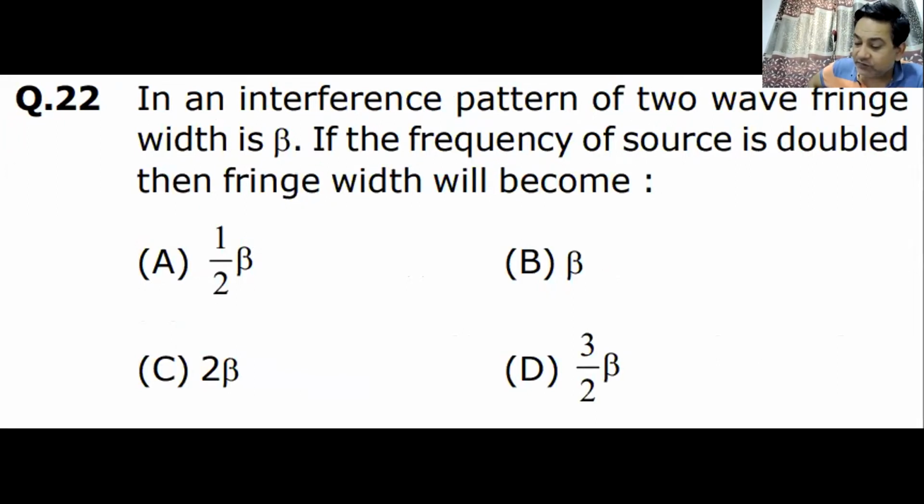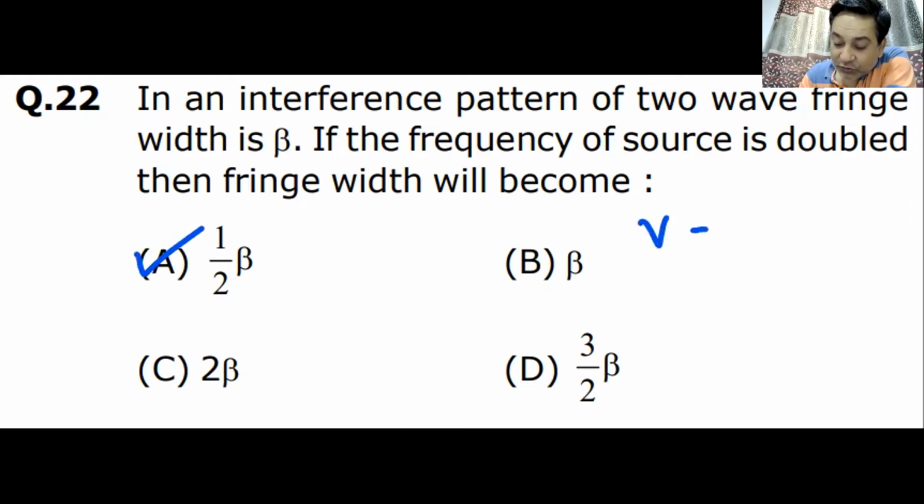If the frequency of the source is doubled, what will be the fringe width? Frequency is doubled. A. Wow, how did you get it? Are you looking at the answers and telling me the answers? No, sir. Then how did you get it?